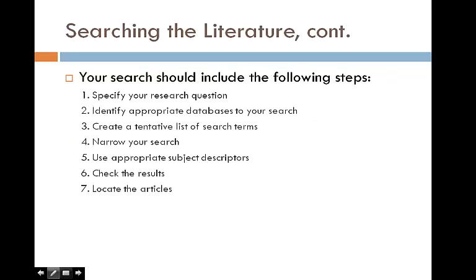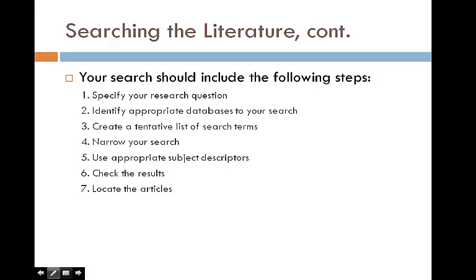Number 1, specify your research question. You need to make sure that you can define your question clearly. Number 2, identify appropriate databases for your research. One of the good things nowadays is to go to our library. We have a good journal article database.